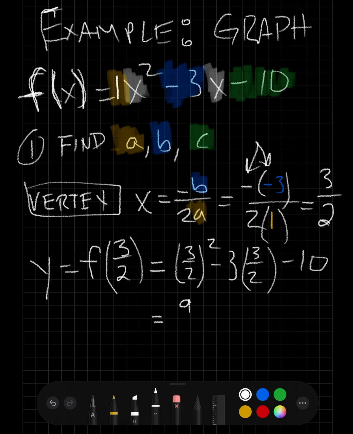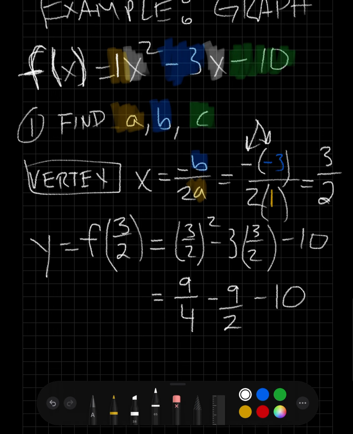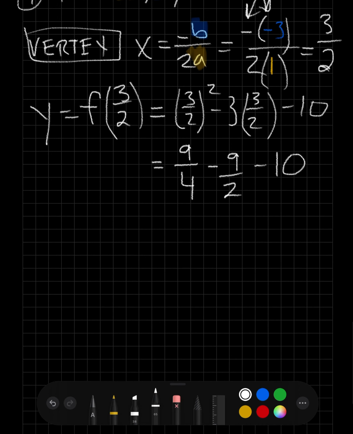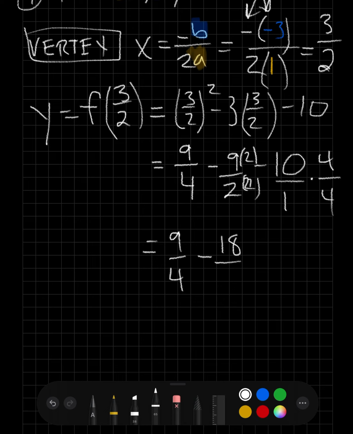So that's going to give me 9/4 minus 9/2 minus 10. I've got some fractions here, so I'm going to need to find a common denominator. So I'm going to multiply by 2/2 here. I'm going to treat this as the fraction 10/1 and multiply it by 4/4. So then I get 9/4 minus 18/4 minus 40/4.